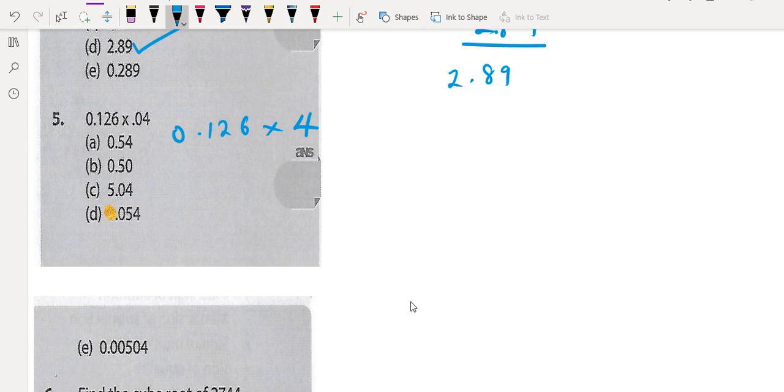Drop what? 0.404. Why? Let me see. Good luck. Be fast. We don't have time, please. Let me see.